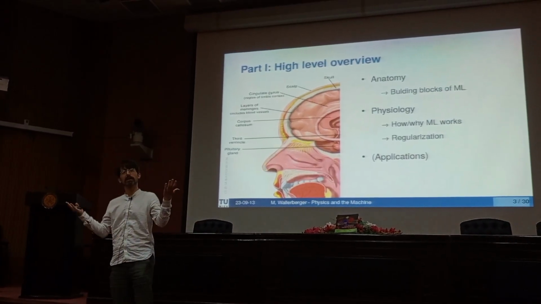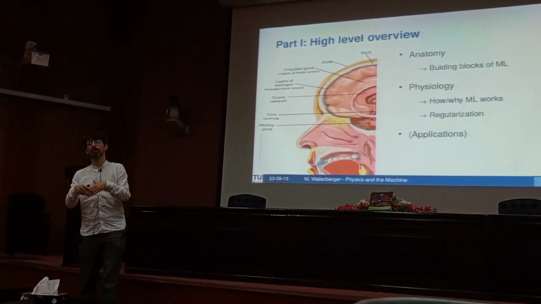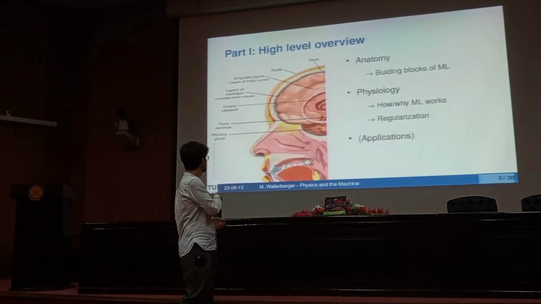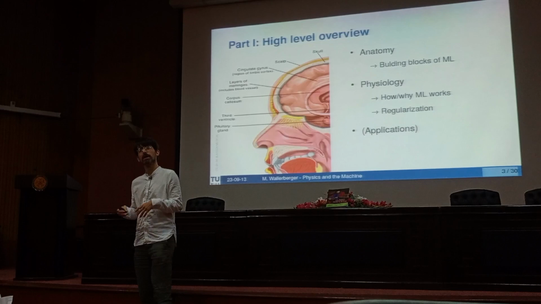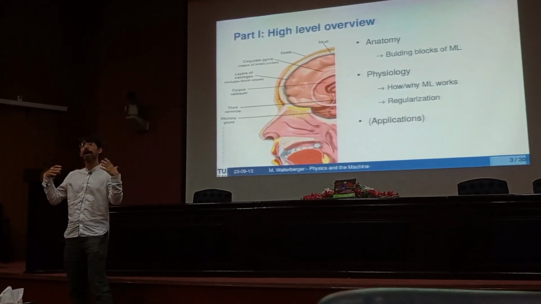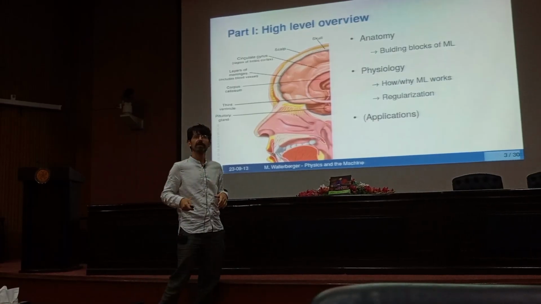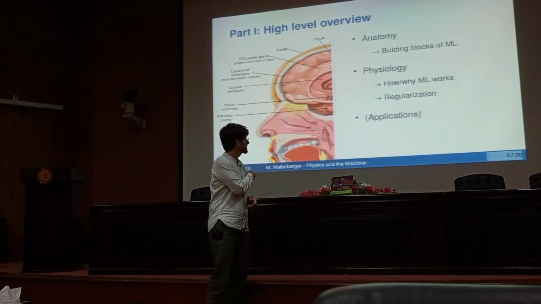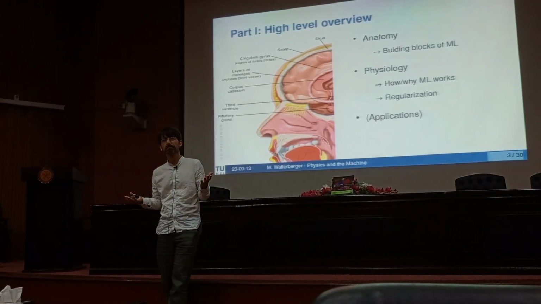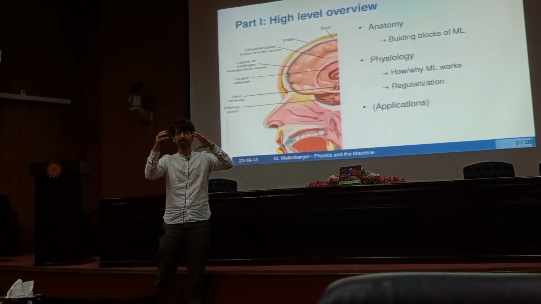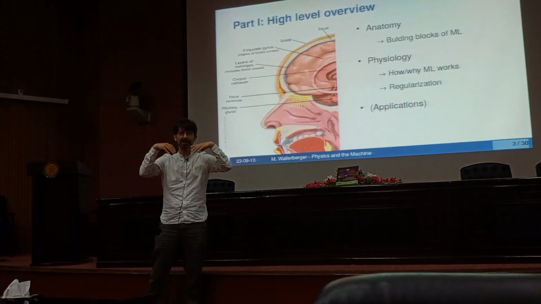When we look at complex systems, for instance the human body, which is very complicated, or the human brain, which is still very complicated, we could start with a high-level overview. From one perspective, we could start with an anatomy. Which parts do we have in our brains or in our body?